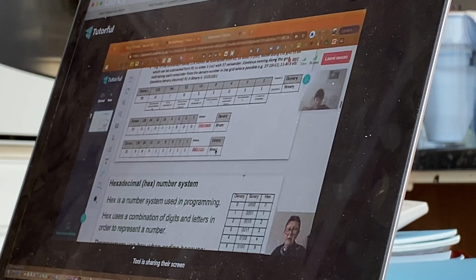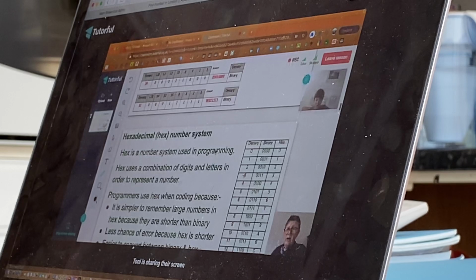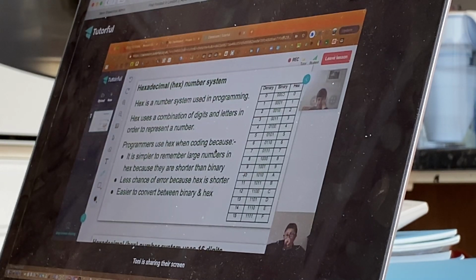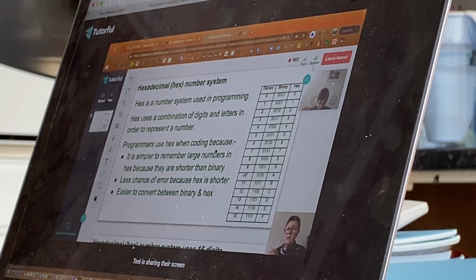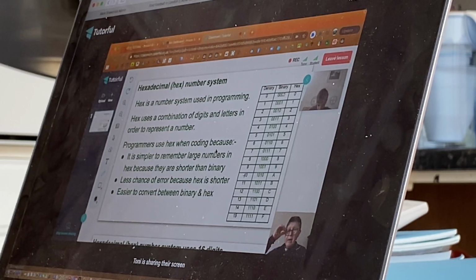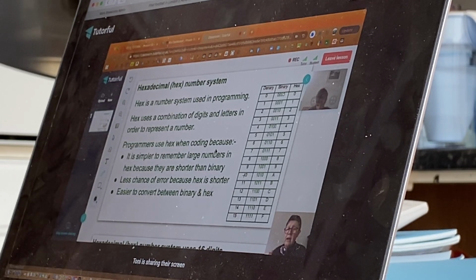Okay, so now this is what we have got today. The hex is short for the word hexadecimal. And it uses a combination of numbers and letters in order to represent a number. Now, the reason for this is because we're human and we can't cope with remembering all those zeros and ones.